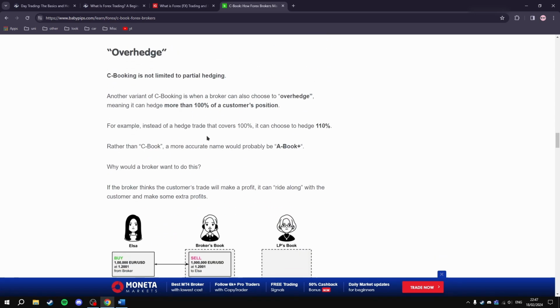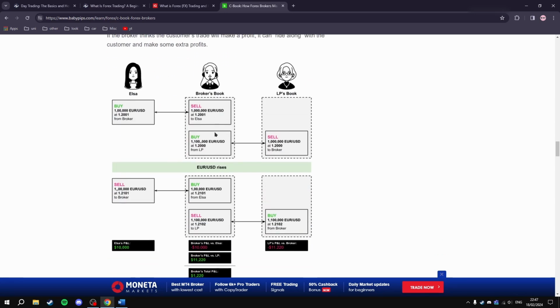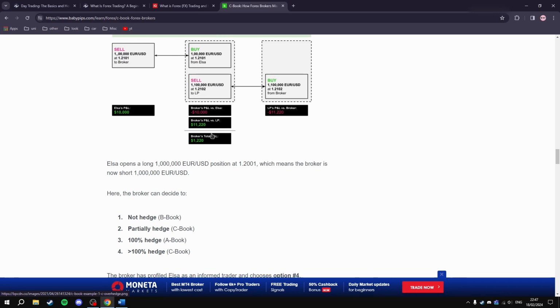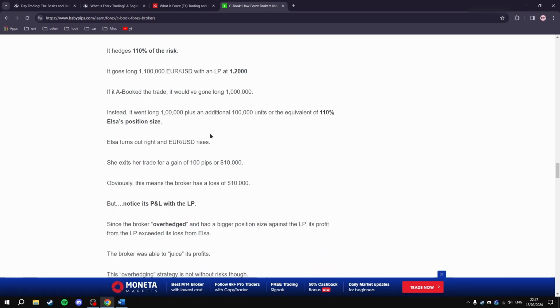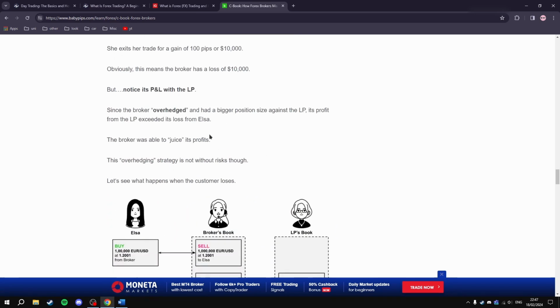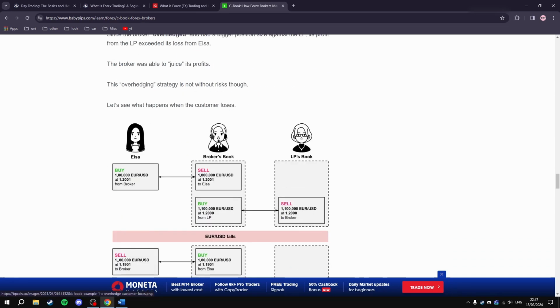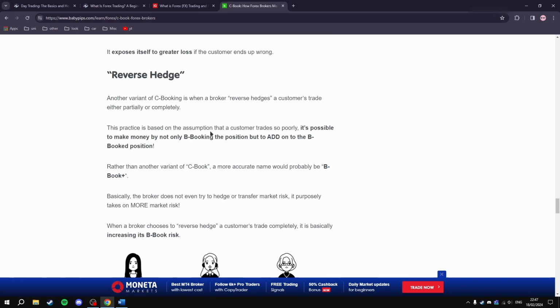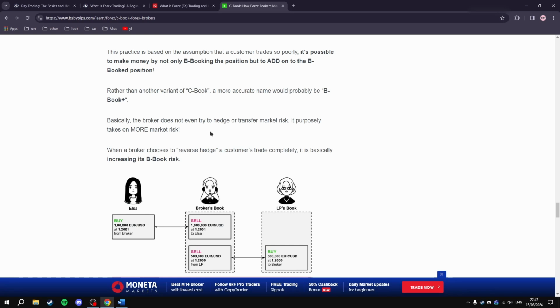And then overhedging: riding onto the customer's trade if they think it's a profitable customer, basically copying but then adding on their own little bit of extra cash in there. Reverse hedge. So it gets riskier as you go on, basically.